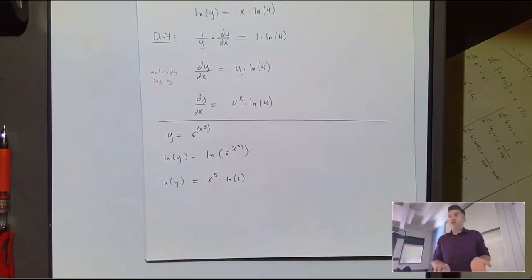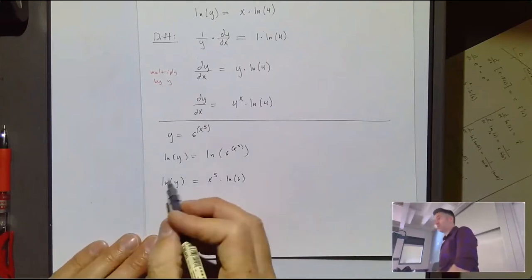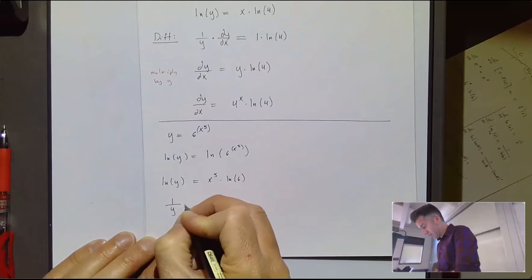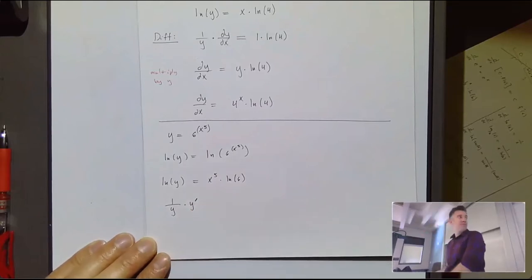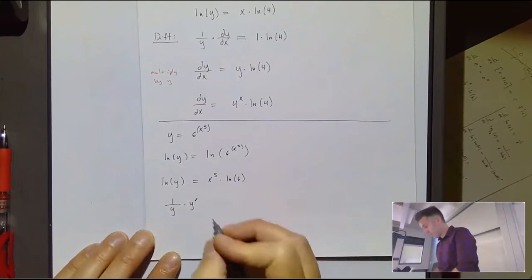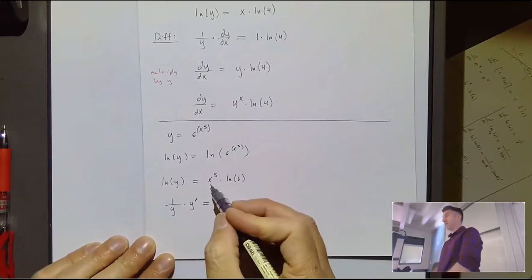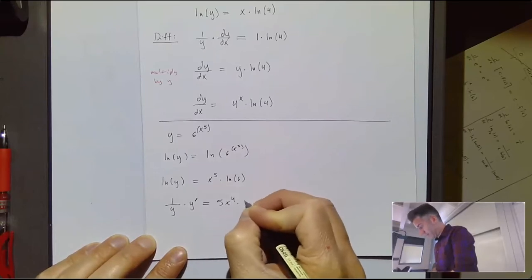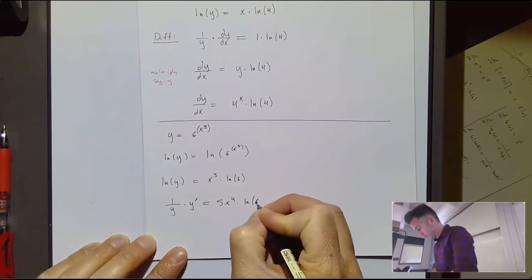Then taking the derivative of both sides, again, the derivative of the natural log of some stuff is 1 over the stuff times the derivative of the stuff. The derivative of x to the 5th times a constant is 5x to the 4th times that same constant.